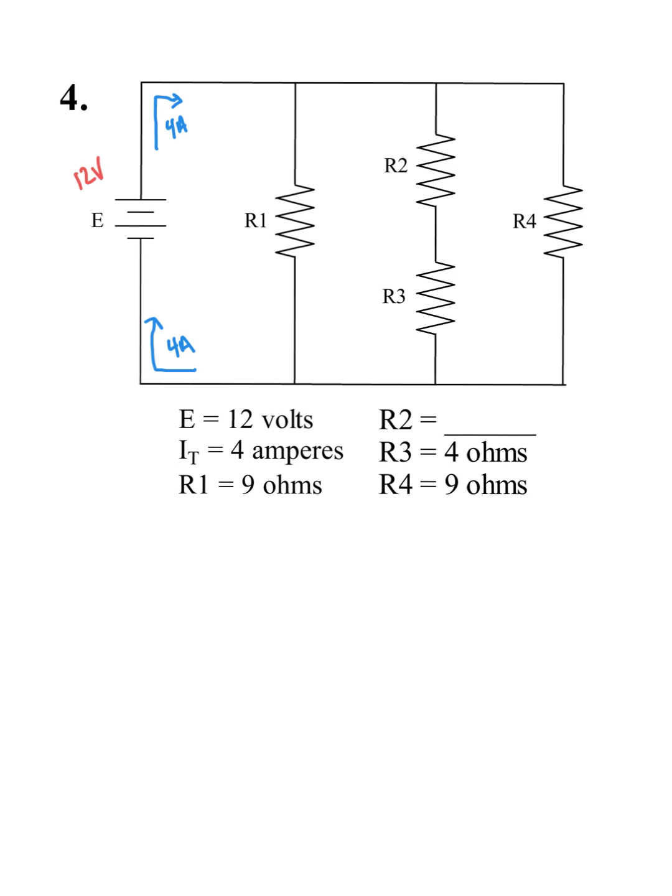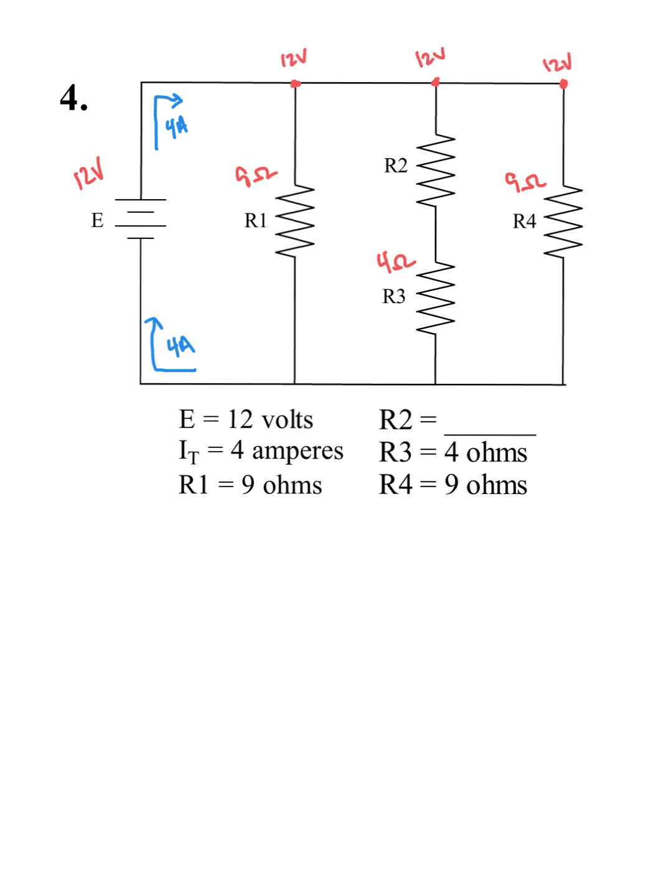Then for R1, we have 9 ohms. R2, we don't know. R3, we have 4 ohms. And R4, we have 9 ohms. And I like to also isolate that these points here are all getting 12 volts.